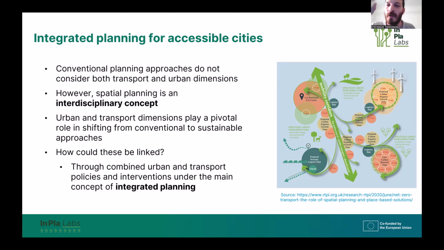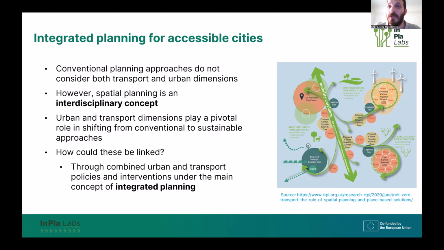I will try to present in this slot this interdisciplinarity and integrated nature of planning, and to specify that into the accessibility of proximity and accessibility of connectivity.